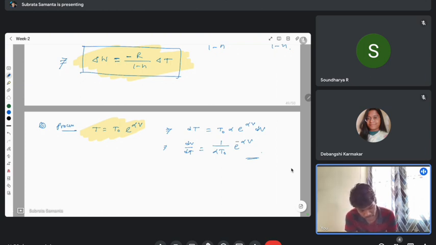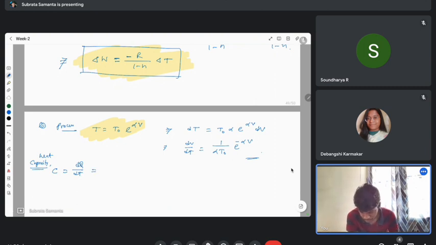So why do we calculate this? Because if we define C, the heat capacity, as đQ/dT. I'm putting a bar here because this is not an exact differential.